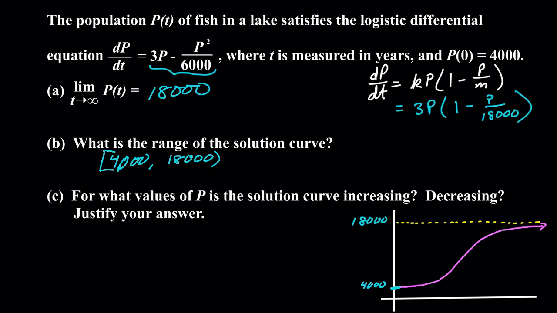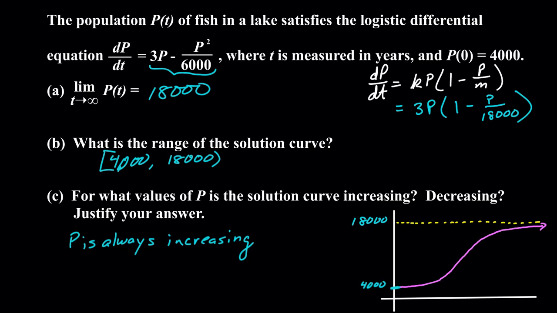So part C: for what values of P is the solution curve increasing, decreasing, and justify our answer? Well, we know that P is always increasing on this type of problem because our growth curve is continually increasing.